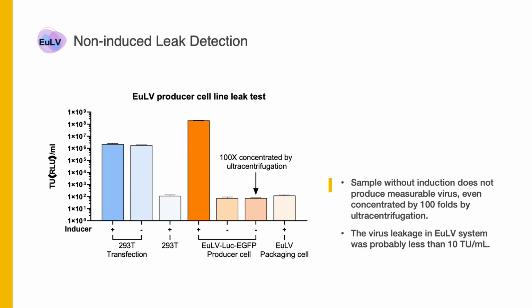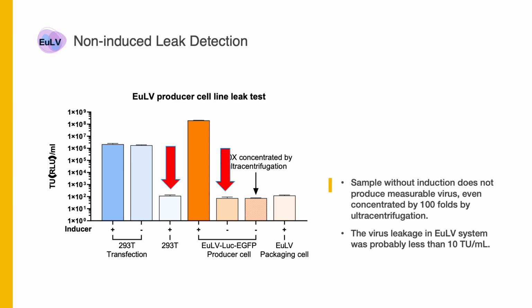Another concern about the lentiviral stable producer cell line is the non-induction leakage. So we chose a clone with titer higher than 400 million per mil for the leakage study. The orange bar indicates the virus titer after induction, and the viral titer is over 400 million TU per mil.